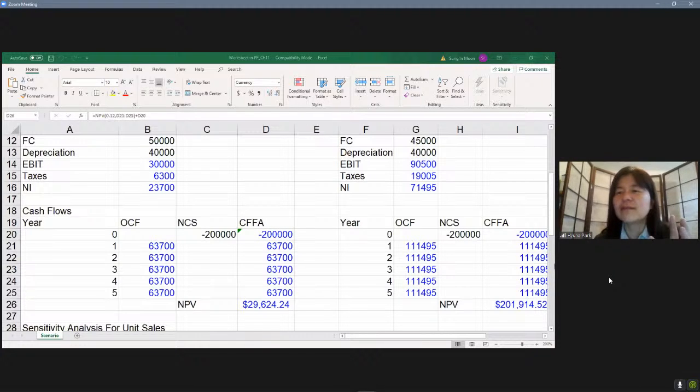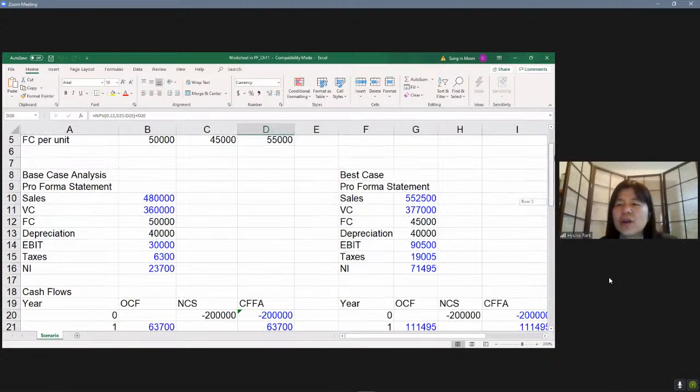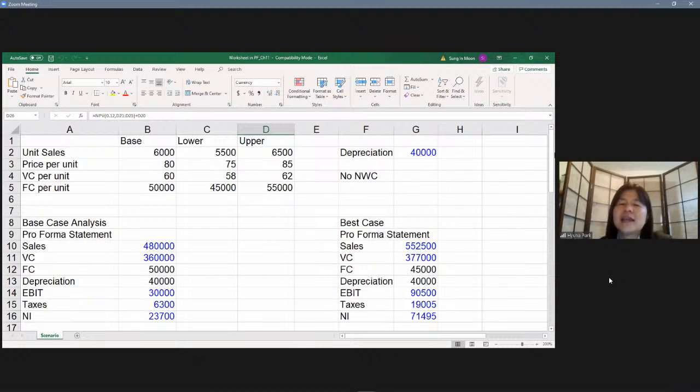But again, this is an uncertain project, so we want to see in the best case scenario how good it can become, or how bad the outcome can be if the economy gets worse. In that kind of case, how do we analyze? In this simple example, based on the information given, how do we form the best case scenario? What do we mean by best case?